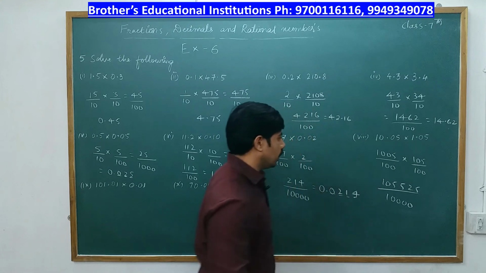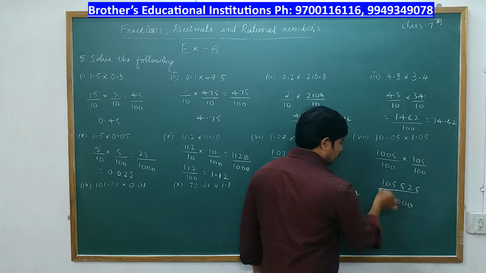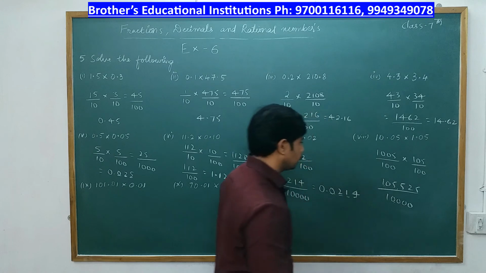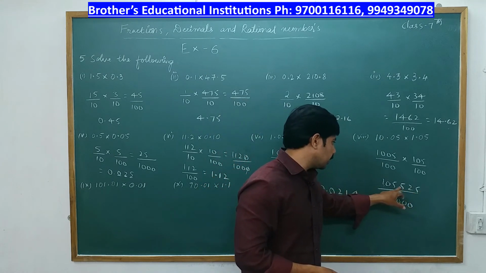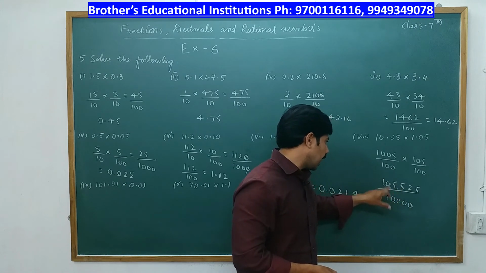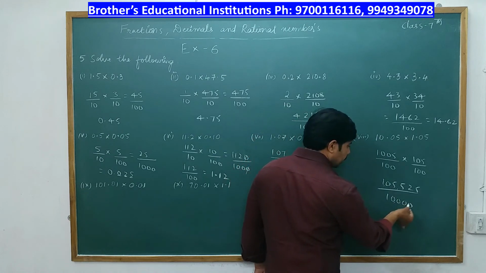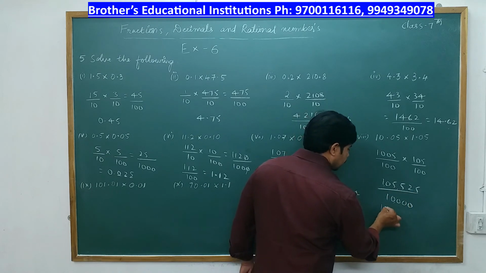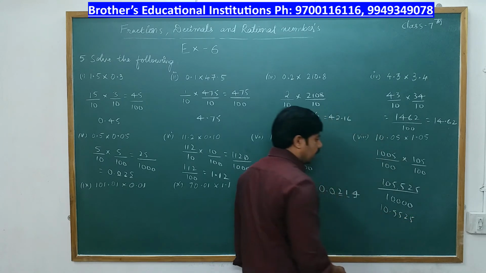Here, this is ones, tens, 100, 1,000, 10,000. So what I do is just put the decimal after 4 digits, 1, 2, 3, 4. So it is 10.5525 is the answer.